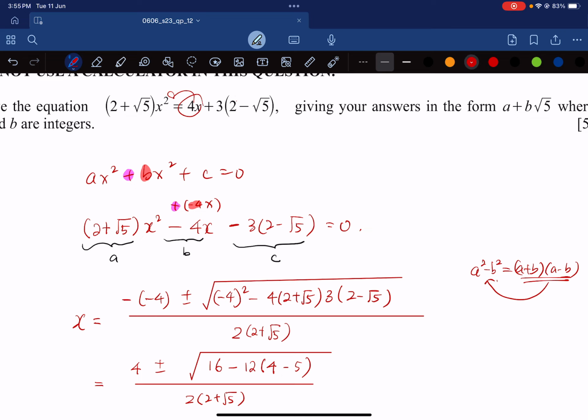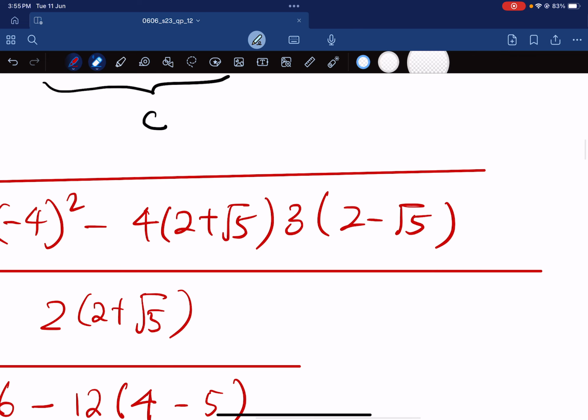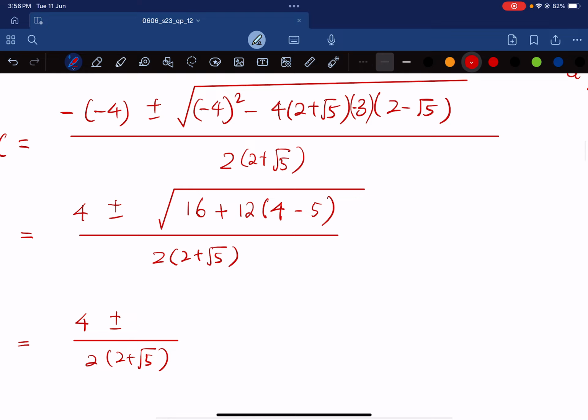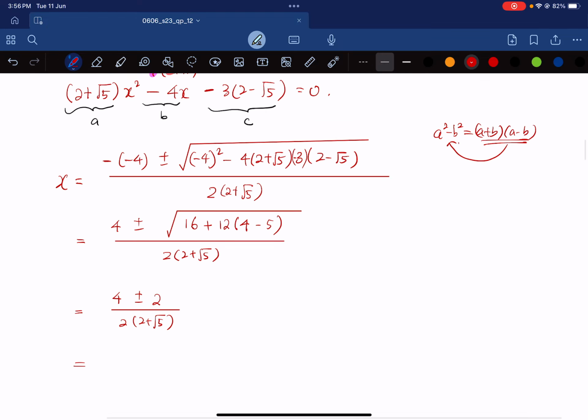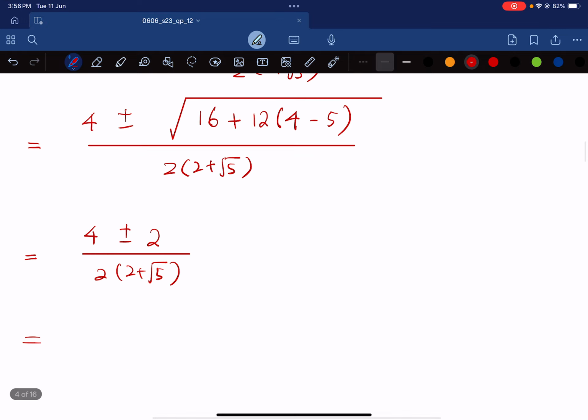I moved this term to the other side. Minus, so it should be -3, which is positive. So 16 minus 12 should be 4. Square root 4 should be 2. So it would be 4 plus 2, 6.